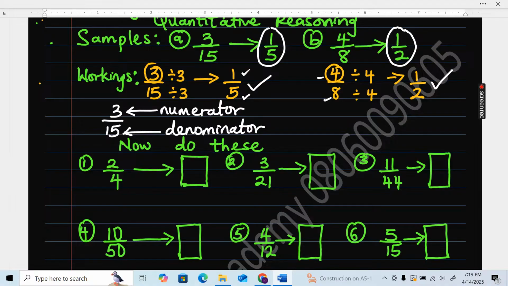We're going to do it together. 5, 4, 3, 2, 1, 0.